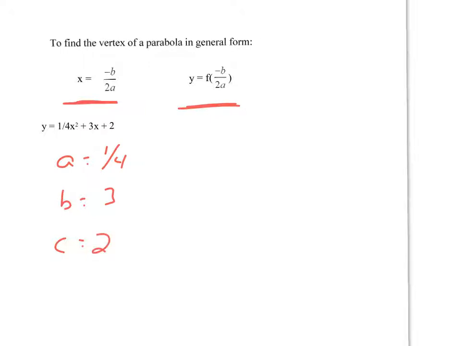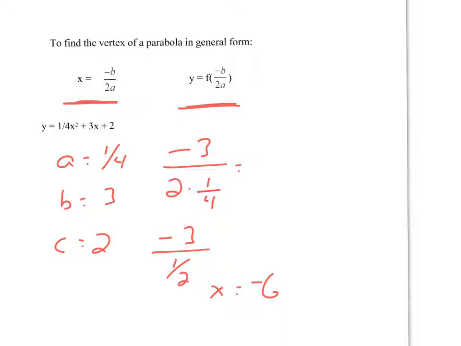So to find my x coordinate, I'm going to take my b, which is 3, so I've got negative b, negative 3, over 2a, 2 times 1/4, which is 1/2. Negative 3 over 1/2, x equals negative 6.